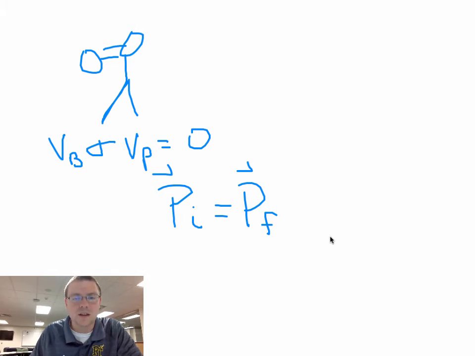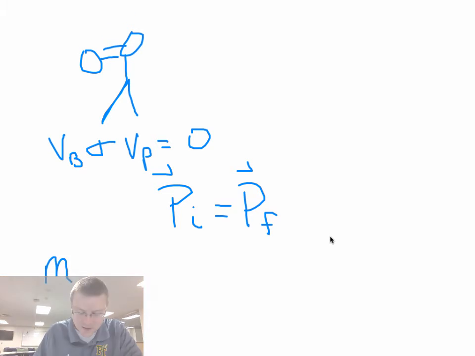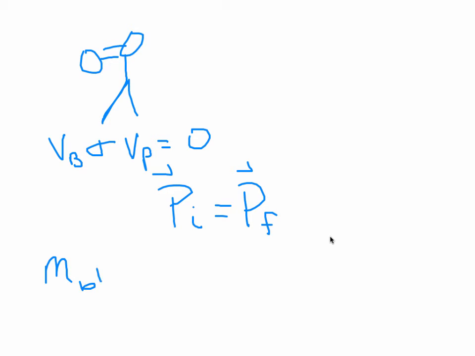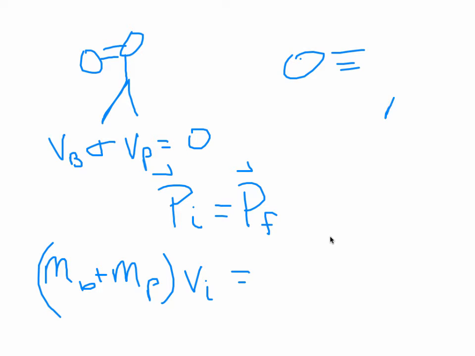And remember, momentum is a vector quantity. So if both objects are together, I could say that mass of the ball plus mass of the person multiplied by our combined speed in the beginning must equal the ball heading off in the negative direction and myself heading back in the opposite direction. So the ball headed negative and I headed in the positive direction.